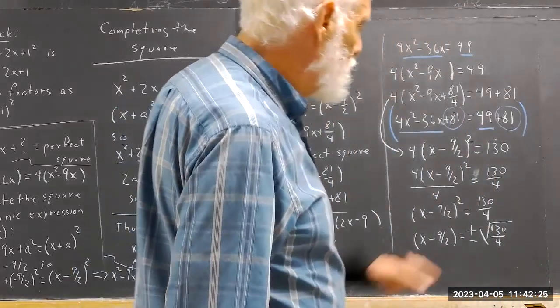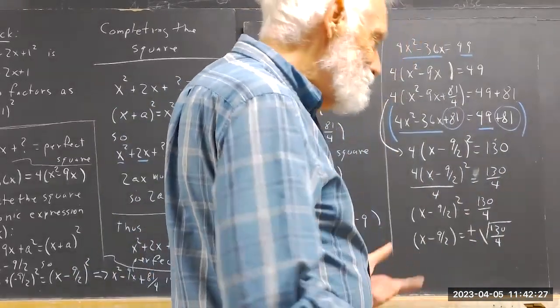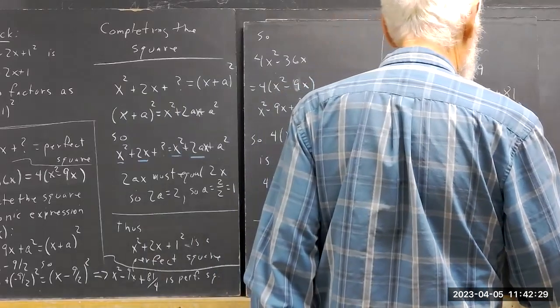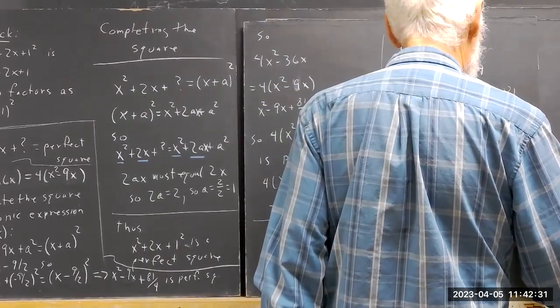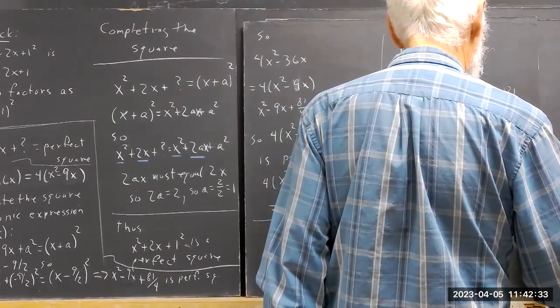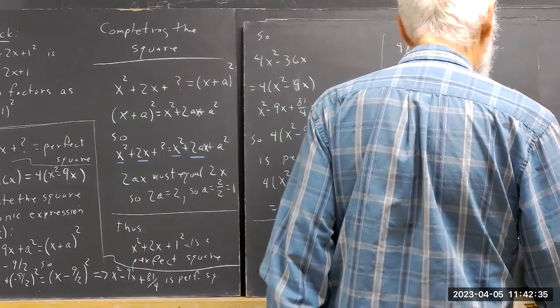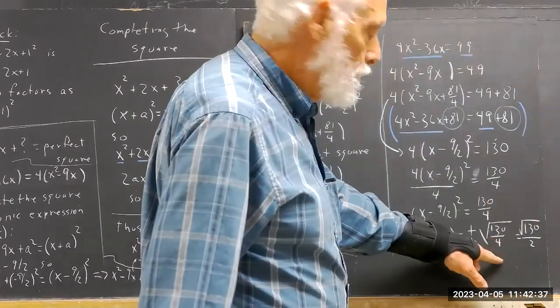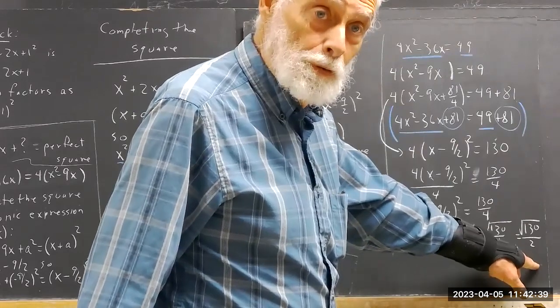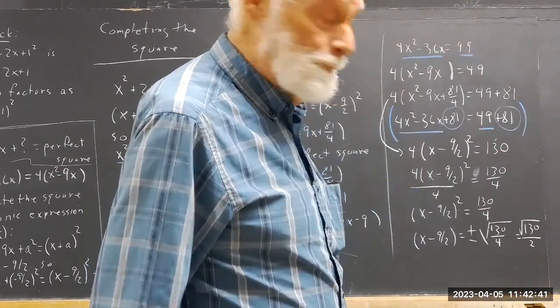Now the square root of 130/4 is the square root of 130 over the square root of 4, but the square root of 4 is 2, so I'm going to write it this way.